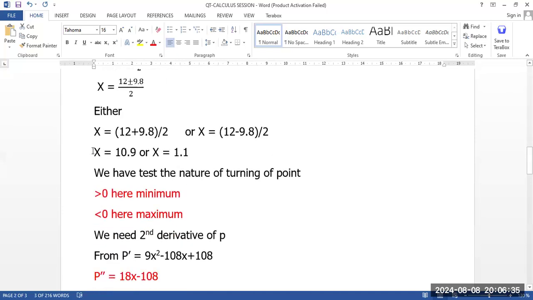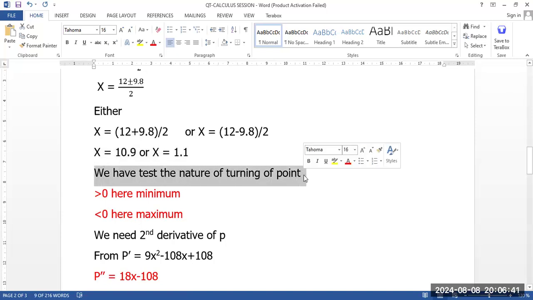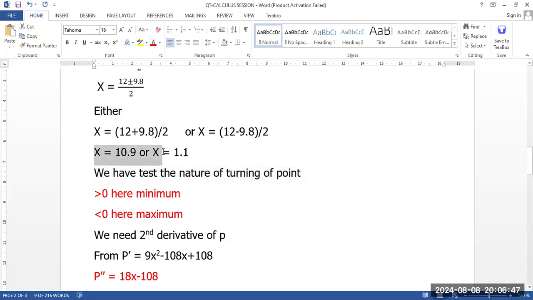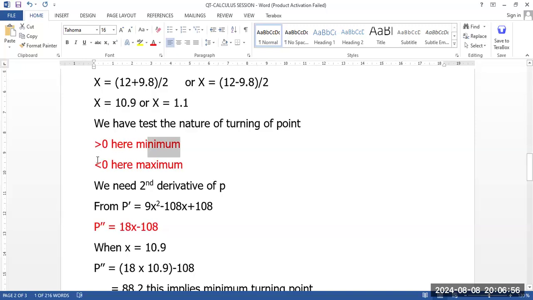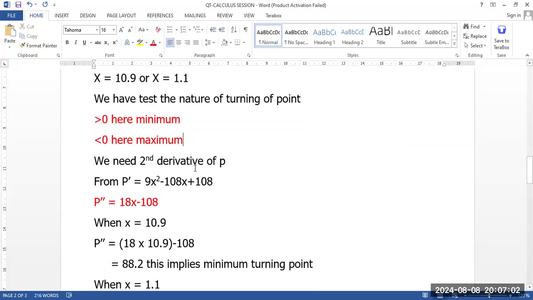Once you get the values which are positive, you need to test the nature of the turning point, so you get the second derivative and compare, substituting these values in the second derivative. If you get a value above 0, that will be a minimum turning point. If you get a value below 0, that will be your maximum turning point.